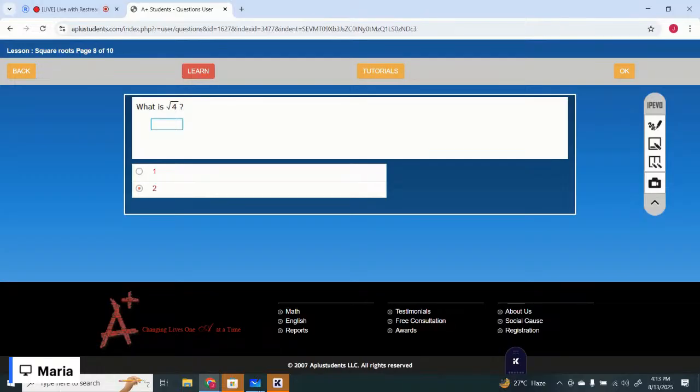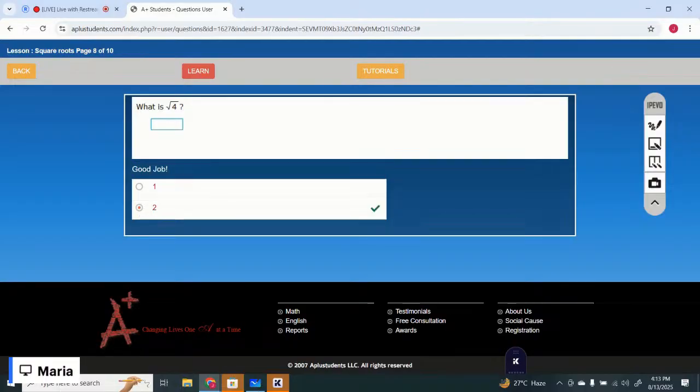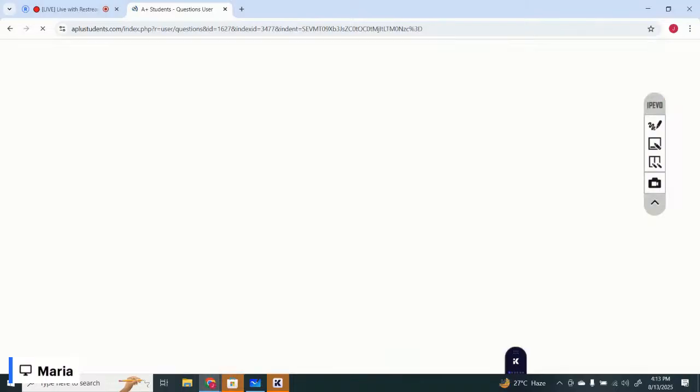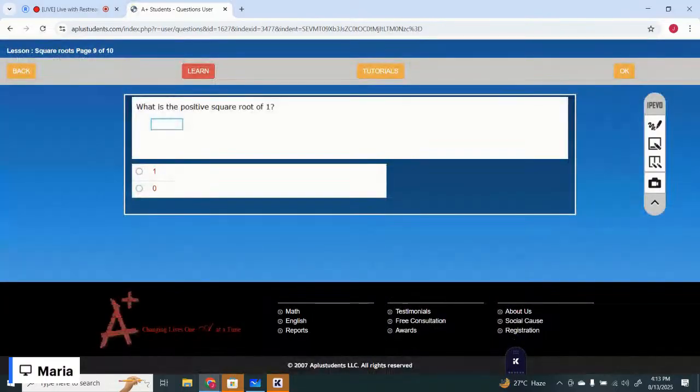Option number 2 is the correct option. What is the positive square root of 1? Yes, square root 1 is 1. Option number 1 is the correct option.